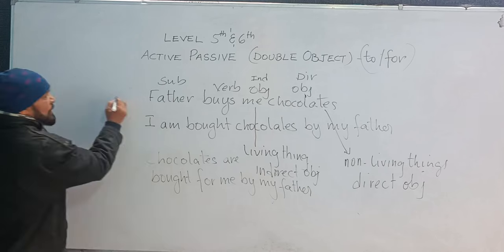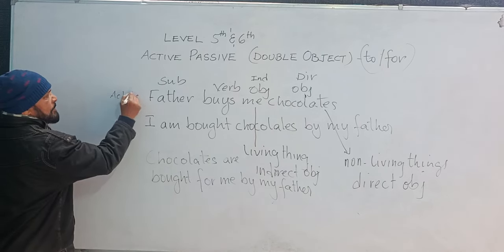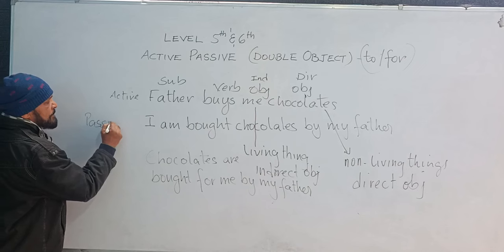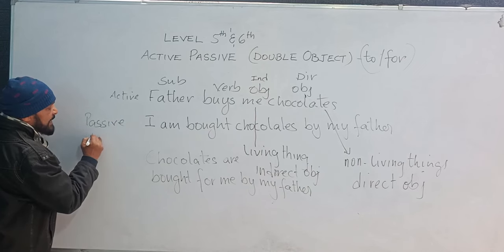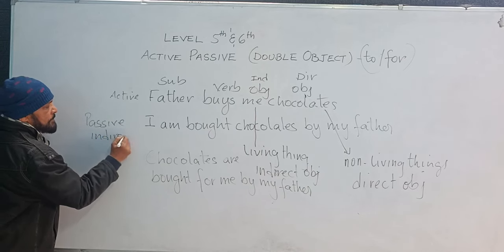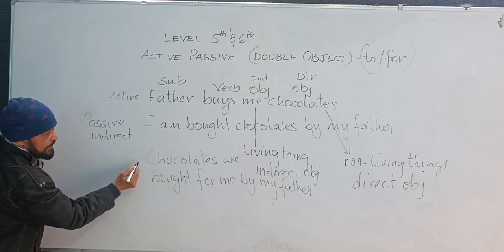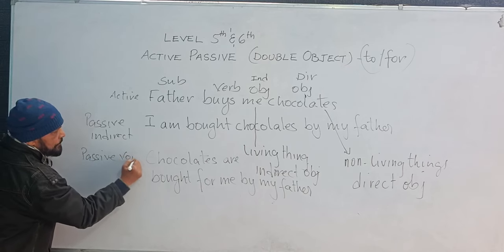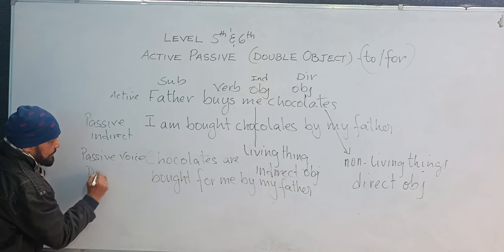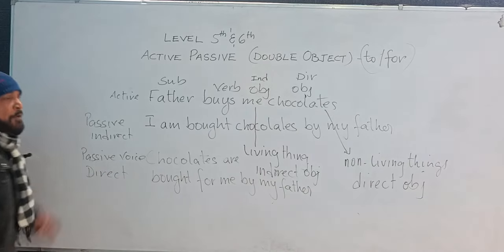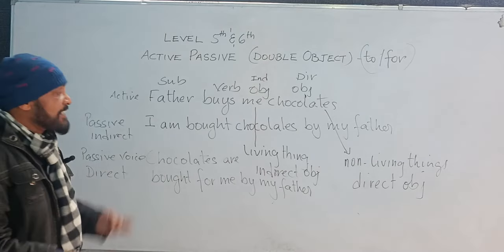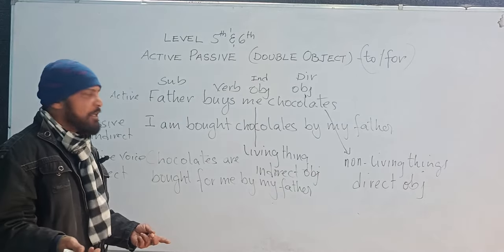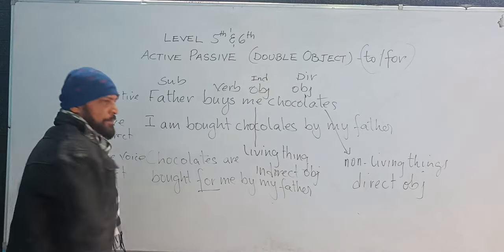This was the active voice, and this is the passive voice with the indirect object. And now we have here the passive voice with the direct object. So whenever we are using the direct object, we have to use the preposition to or for.